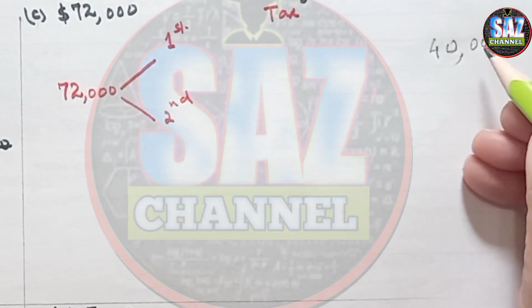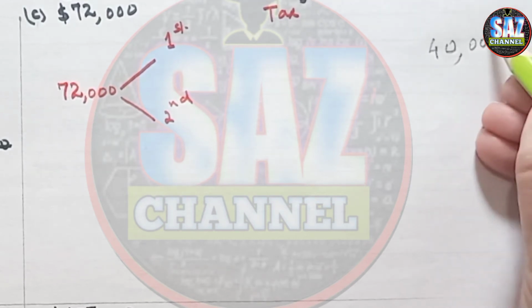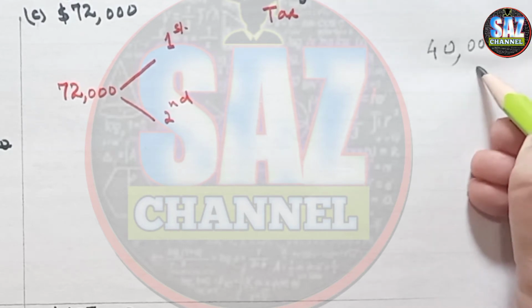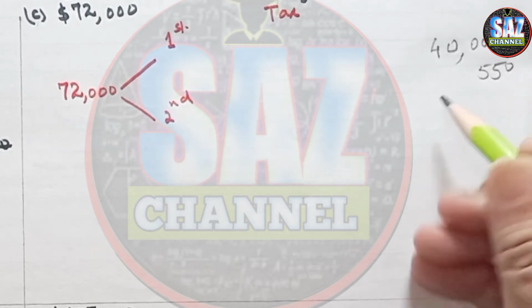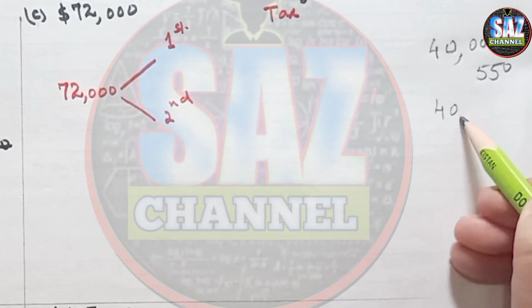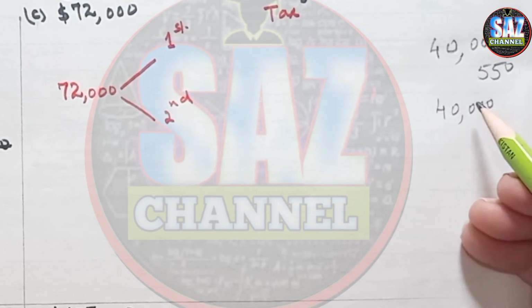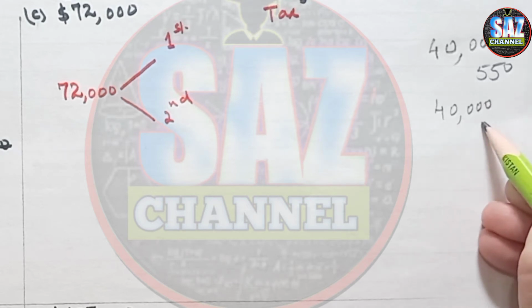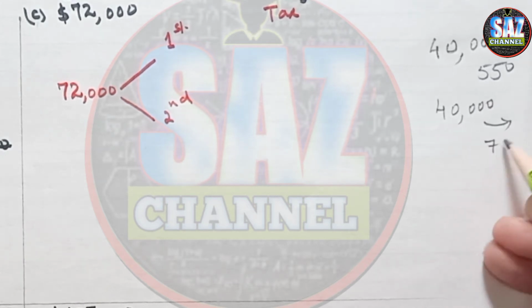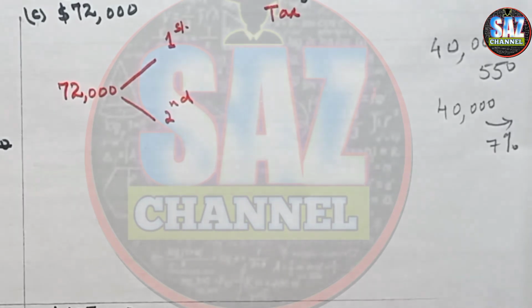and for these $40,000 you have to pay the tax $550, and for the next $40,000 you again have to pay the tax with 7%. Now what we have to do, we have to write these amounts carefully.